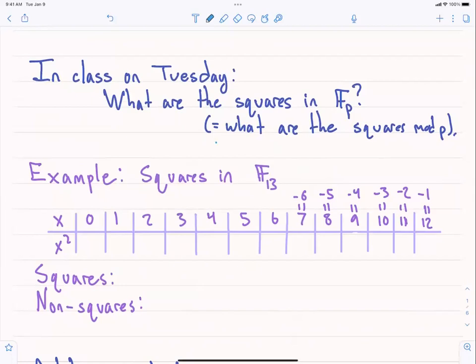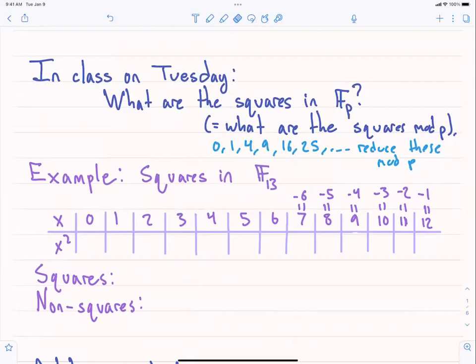We just list out 0, 1, 2 squared is 4, 3 squared is 9, 4 squared is 16, 5 squared is 25, and so on, and you look at what you get when you reduce all of these mod p. So the question of what are the squares in F_p is the same as what numbers you can get by reducing squares of integers modulo p.